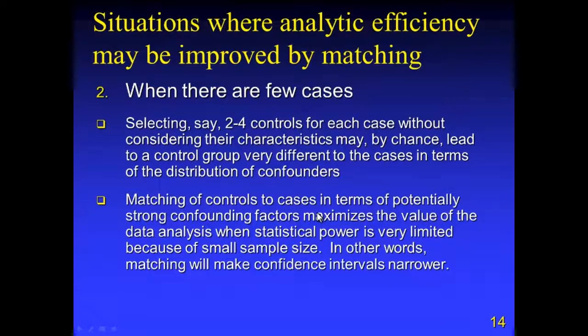So in this situation, which is related to the previous one, because you're only going to have relatively few participants in your study, it makes good sense to match your controls to your cases in terms of these important confounding factors. In that way, you maximize the efficiency of your data analysis, given that you've only got a few participants in the study.